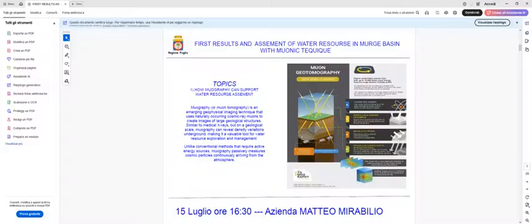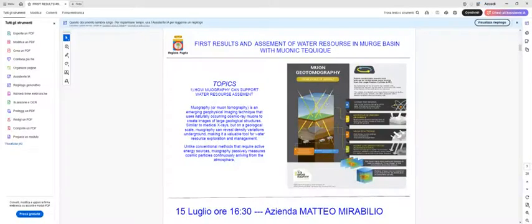You can see how Muography works. Muography is a new technique based on a physical approach. Muon tomography is an emerging geophysical imaging technique that uses naturally occurring cosmic ray muons to create images of large geological structures, similar to medical X-ray, but on a geological scale.